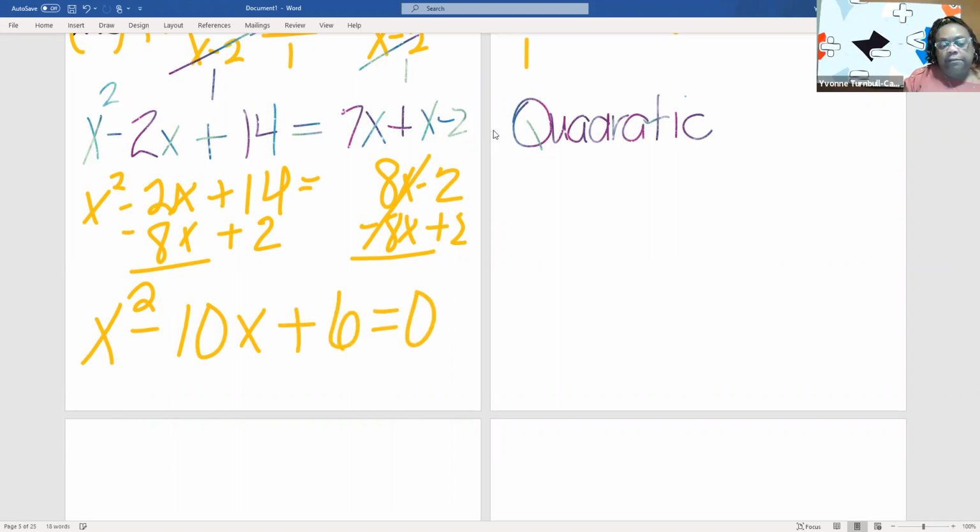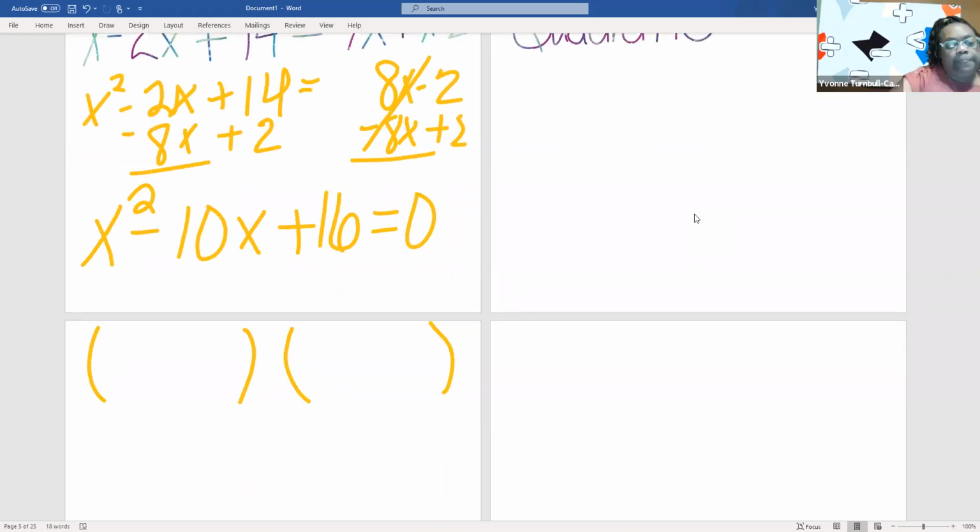That's my quadratic. I'm going to factor. What 2 factors of 16 are going to give you 10? 8 and 2. I need a positive 16 and a negative 10. When they add, it should give me a negative 10, so that means they both need to be negative.